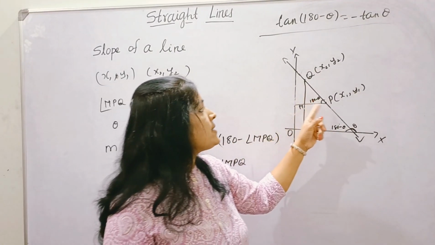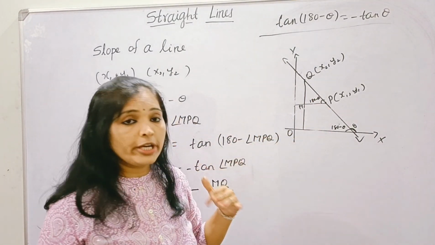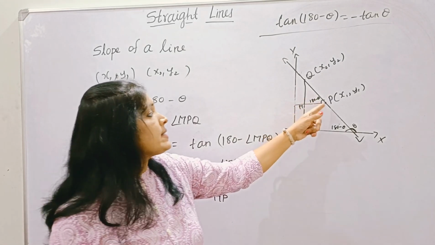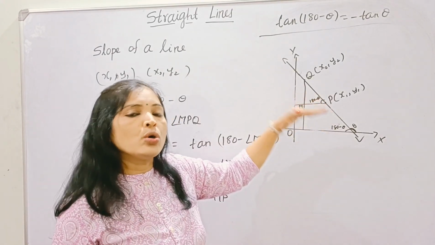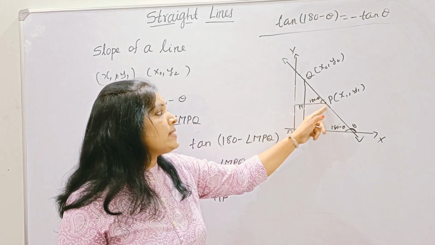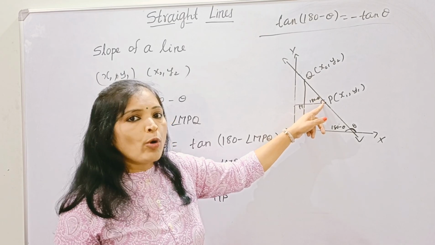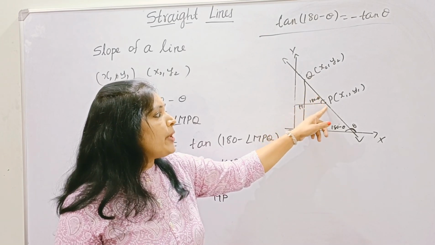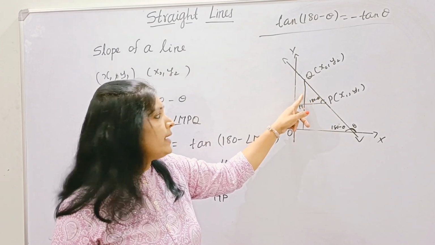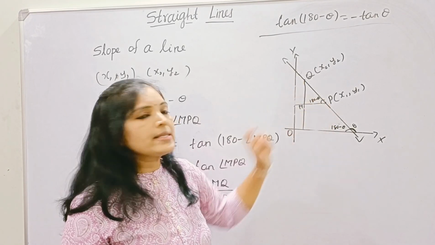Since it is a right angle triangle, we can apply the trigonometric ratio: tan MPQ is opposite side, MQ, divided by adjacent side, MP.